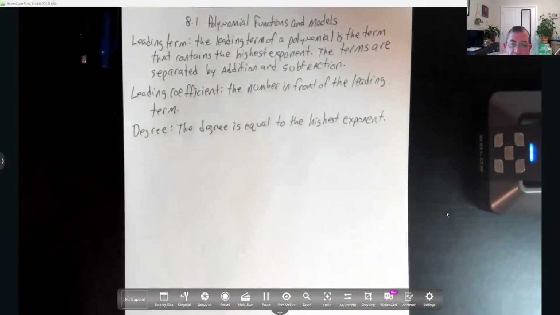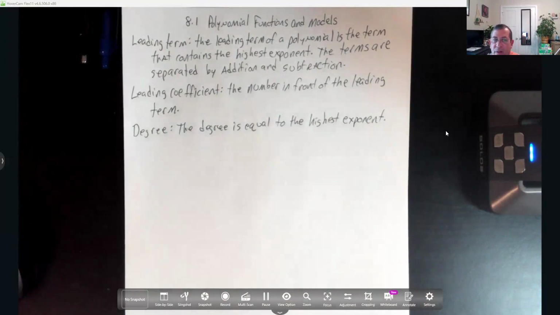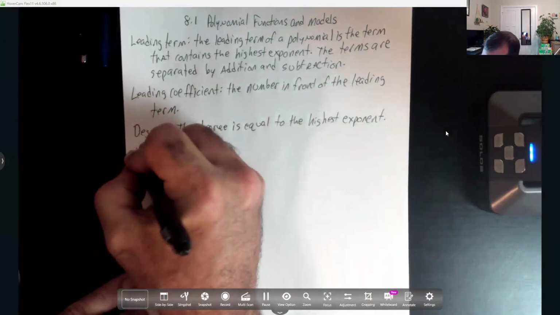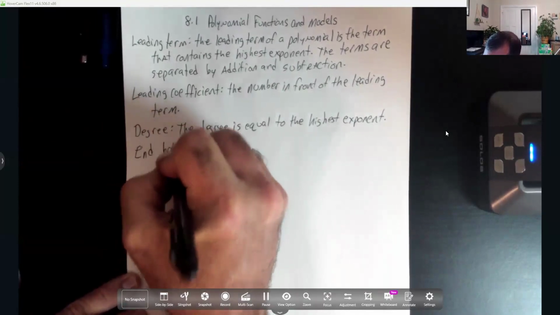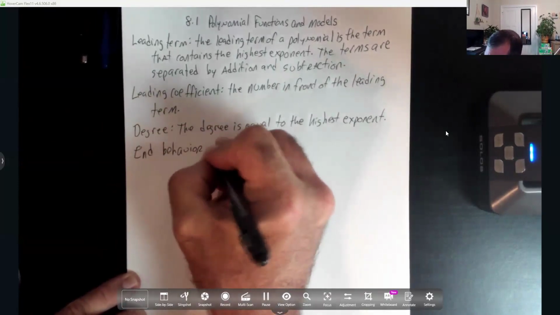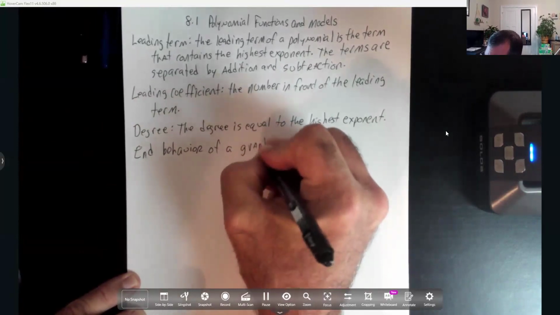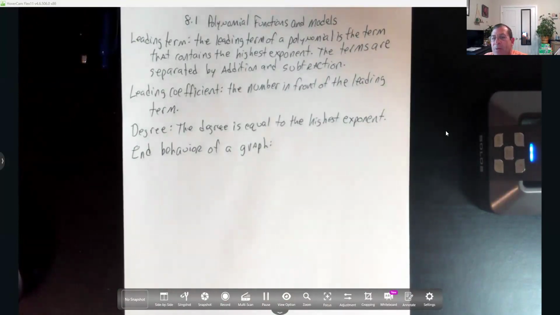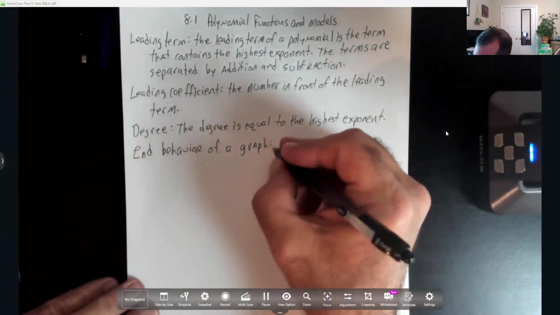So those are some terms we need to know when we're doing this section, because we'll have to know what degrees are and what the leading coefficients are so that we can tell what the end behavior of a graph is. So when we look at the end behavior of a graph, we're talking about what happens to that graph as those x values go towards negative and positive infinity.